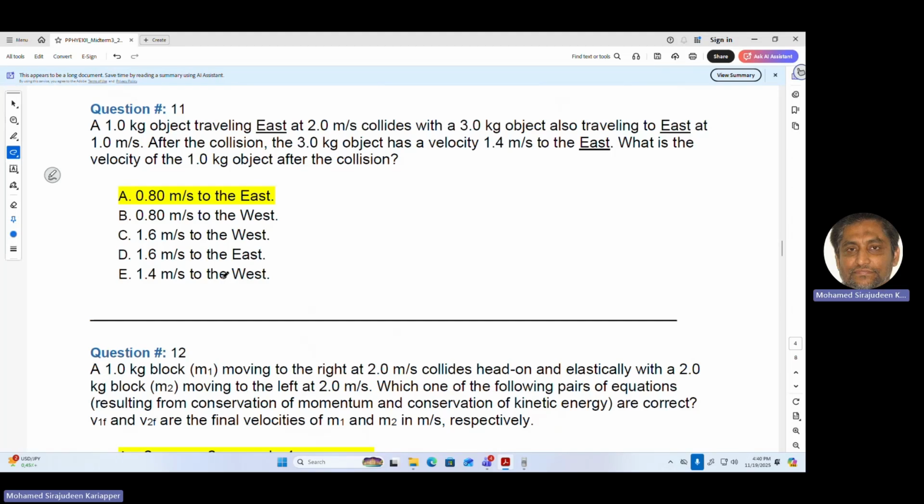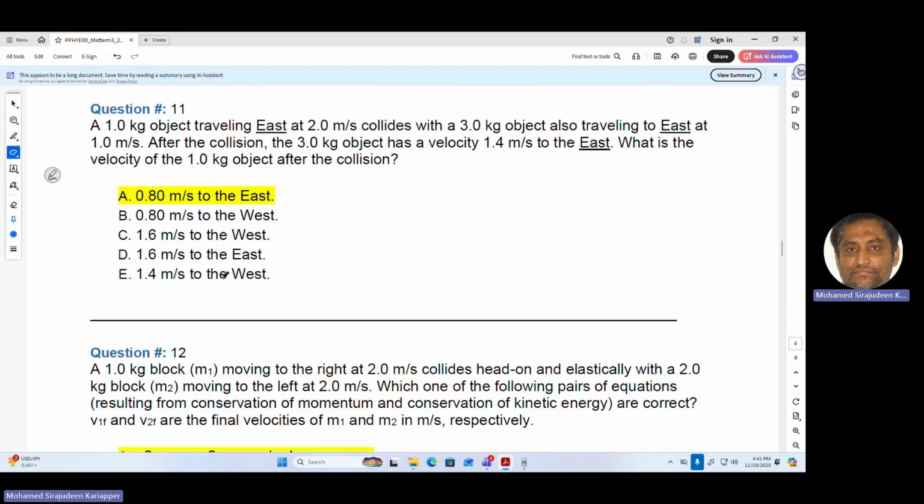However, elastic or inelastic, we can apply conservation of momentum. So let's apply conservation of momentum. Can I apply conservation of kinetic energy? No. We don't know. If it is elastic, we can apply conservation of kinetic energy. So we're going to have only one equation. But luckily, we have only one unknown.